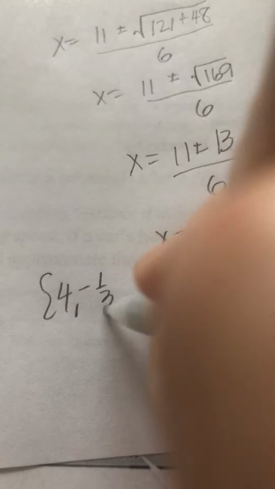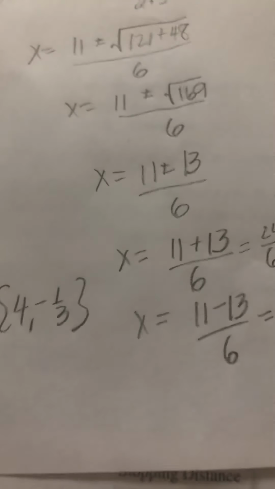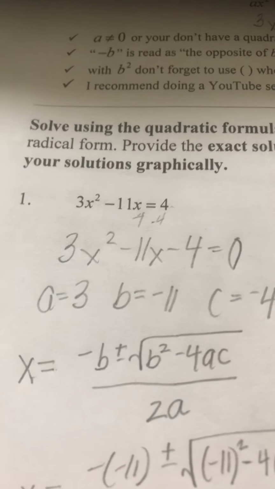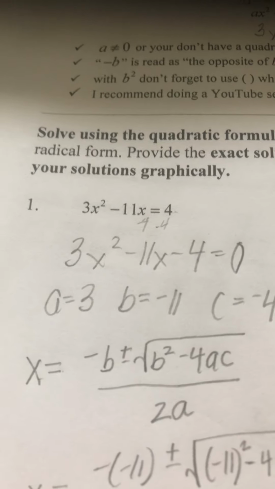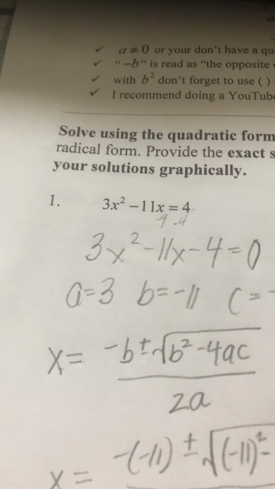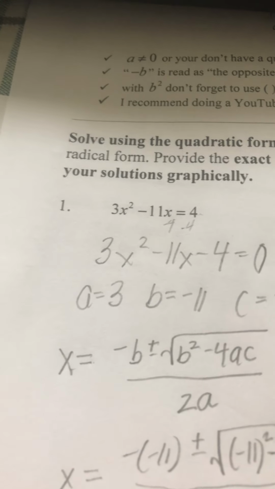I'm going to pop this in the calculator real quick. Yeah, verify graphically. So I'm going to go back to that equation and put it in the calculator. This is going to take a second. Okay, so let's see.